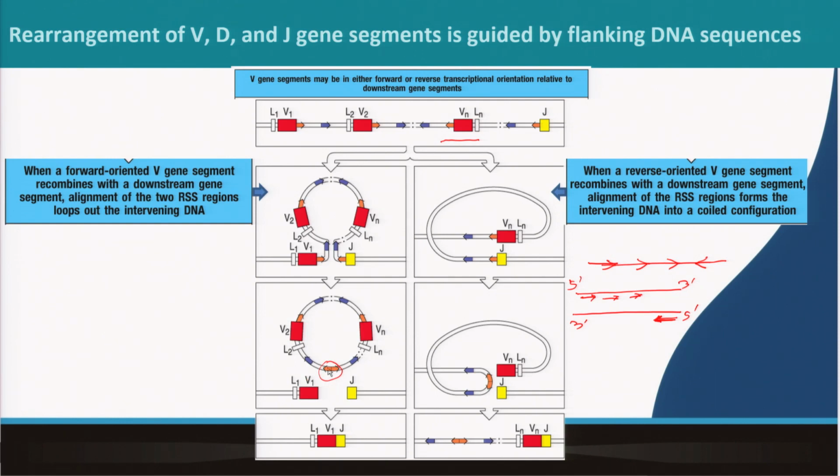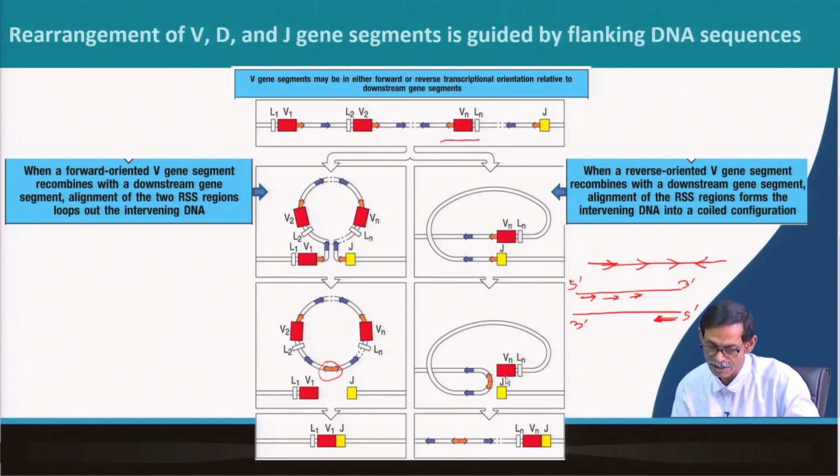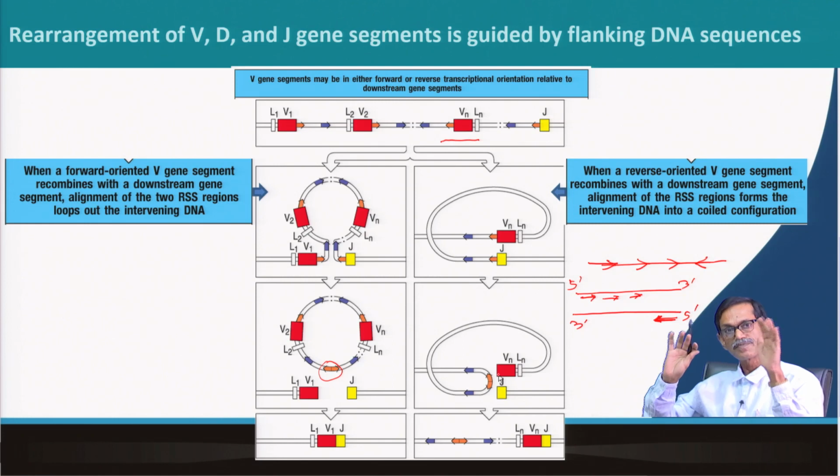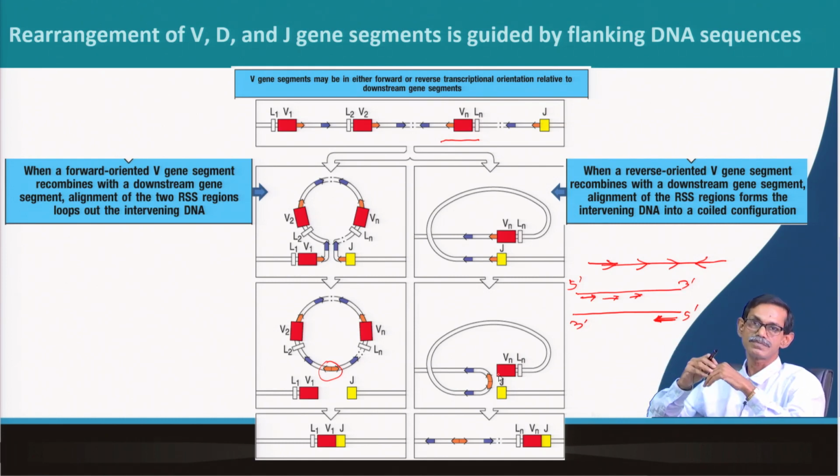In this structure, the two heptamers are going outwards, with the arrowheads outwards, so the loop cannot be a straightforward loop. It is kind of difficult to think how it is managed, but ultimately they will form this structure and join. But in this case, it will not be eliminated from the chromosome.